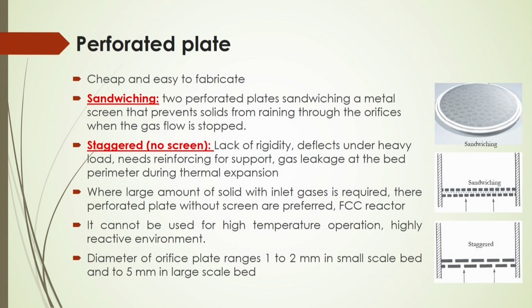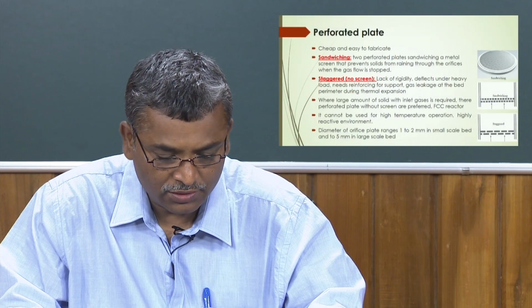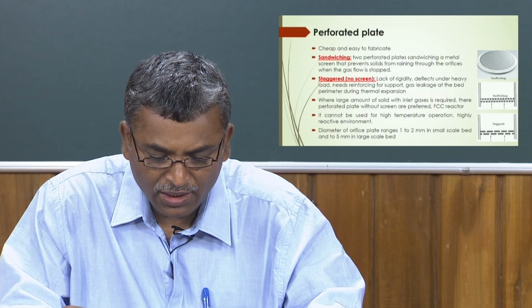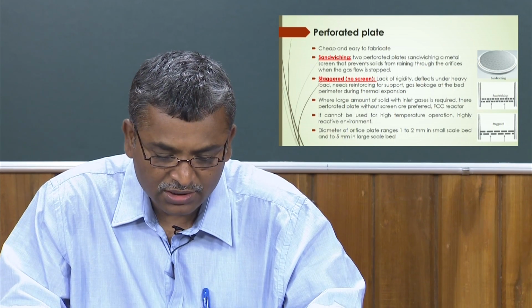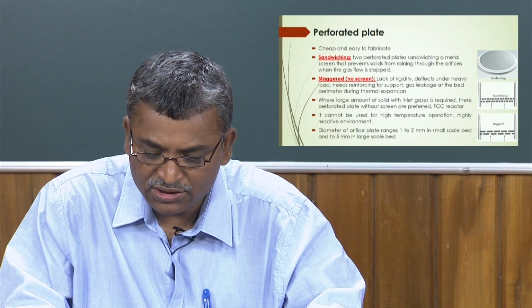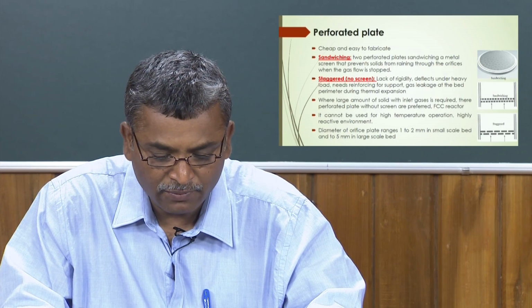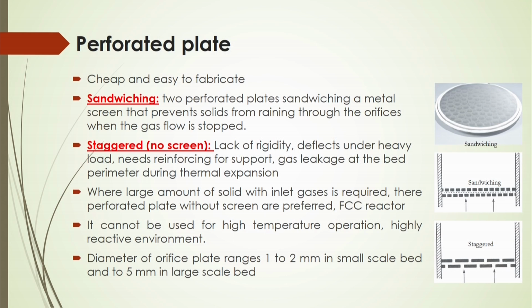Sandwiching means two perforated plates sandwich a metal screen that prevents solids from running through the orifices when the gas flow is stopped. These plates sandwich a metal screen like bread, so the advantage is that you can prevent solids deposition inside the bed, and you can get even distribution also on an industrial scale.